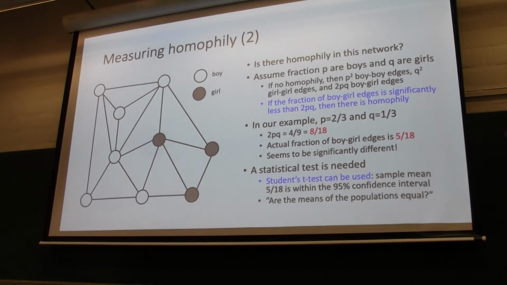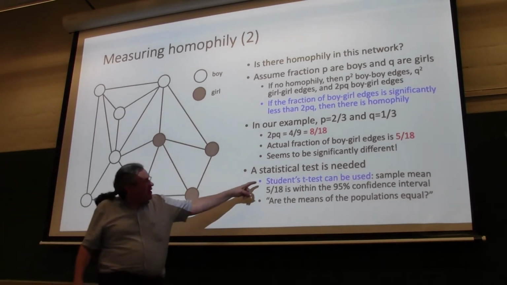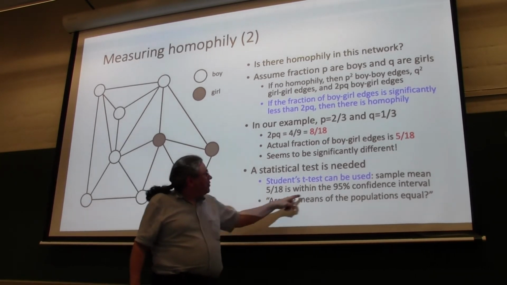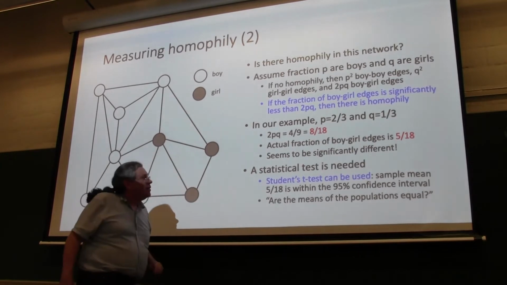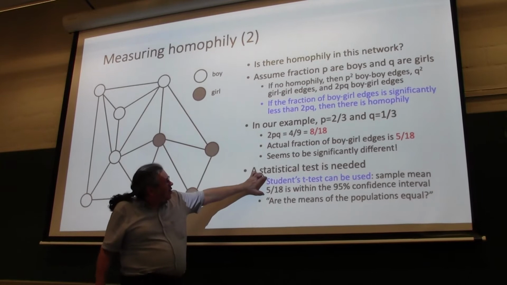So one of the things in studying social networks is statistical tests. I'm not doing a course on statistics, so I assume that you remember what you learned in statistics. So we do a t-test. This sample mean is actually within the 95% confidence interval. So maybe not, okay?